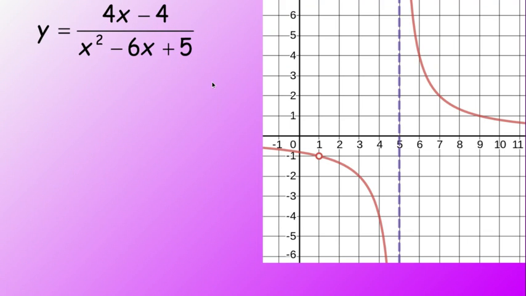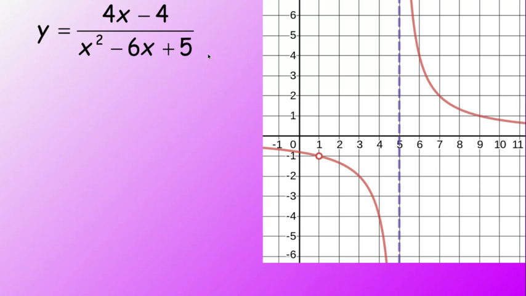All right, so when we were doing rational functions, we talked about sketching them, and we sketched vertical asymptotes versus holes. And that's why we did it right before this unit, because the holes are going to be important when we're talking about limits. So this function right here, if we factored it, the top would factor into 4 times the quantity x minus 1, and the bottom would factor into x minus 1 times x minus 5.